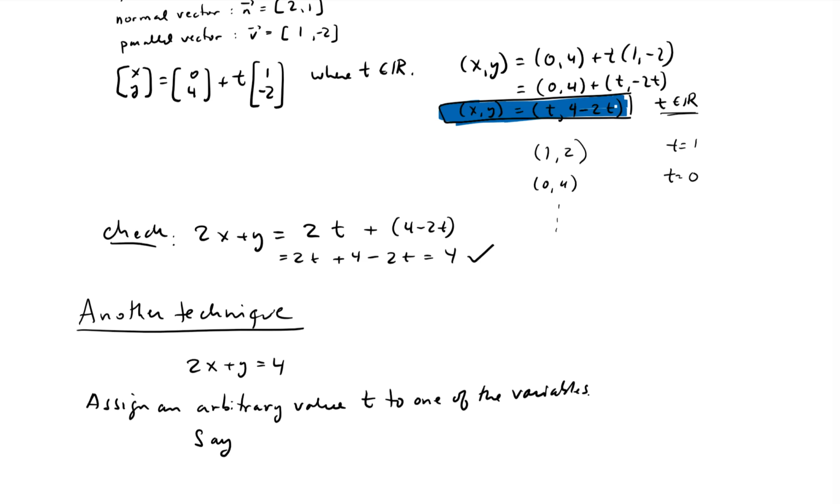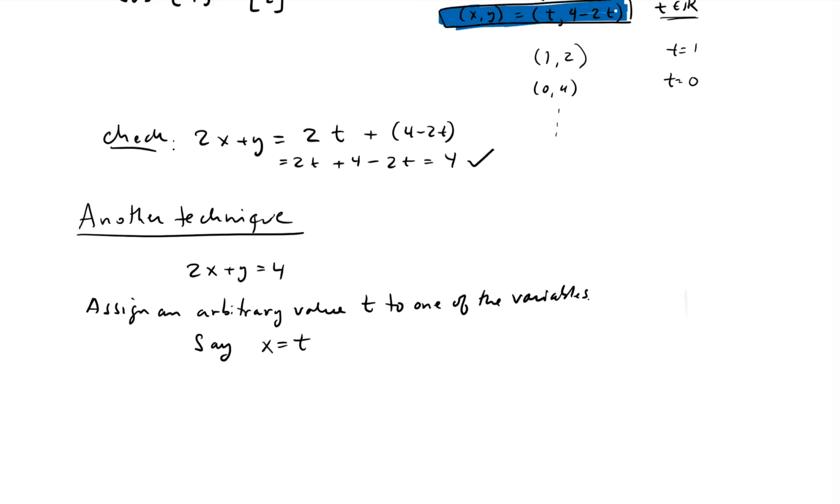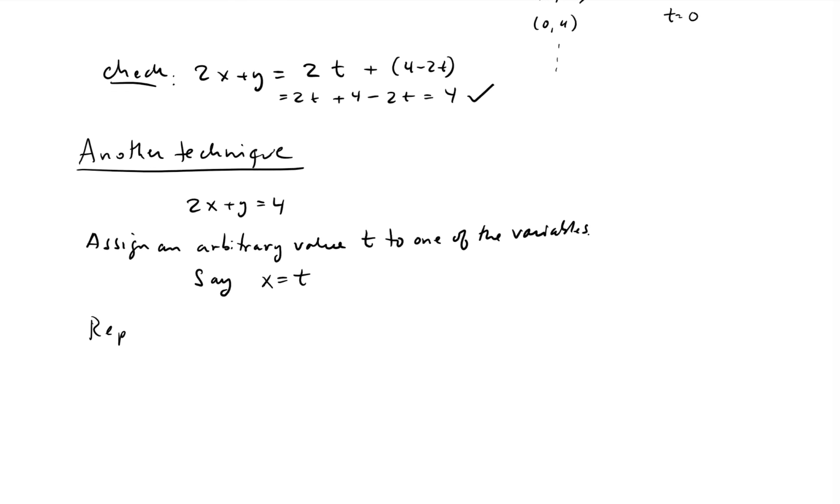But here I'm going to keep t arbitrary. Okay, so I'm going to assign t to x, and we'll replace x by t and solve for y. So if I do this, I get 2t plus y equals 4.